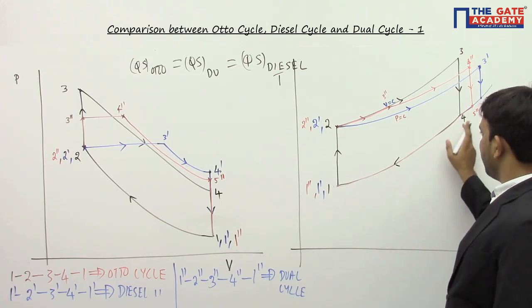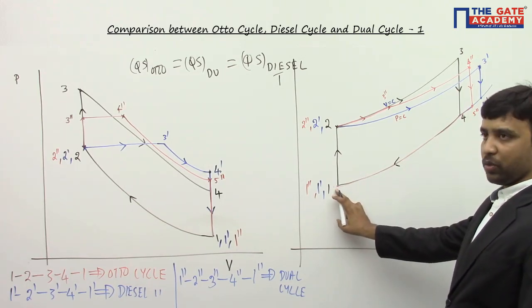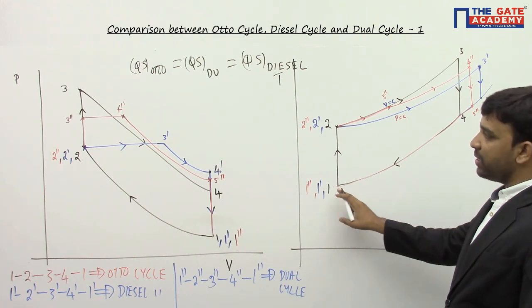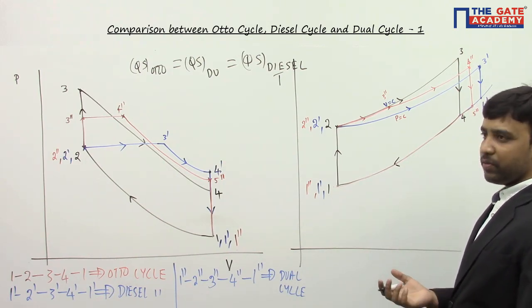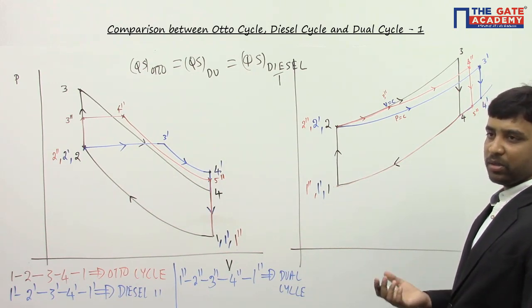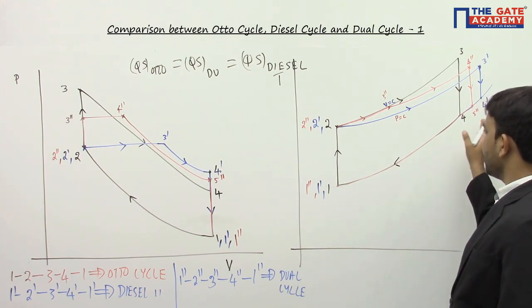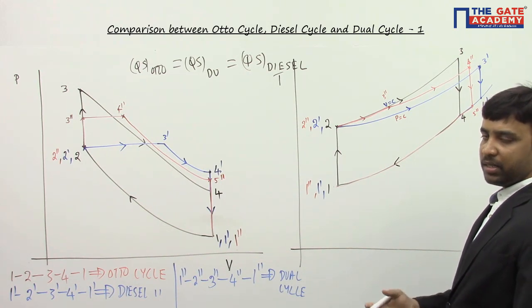If you look at the 4-1 process, this is a right to left process in TS coordinates. The area under the curve in TS coordinates indicates heat transfer. If the process is from left to right, it is heat supplied to the system. If the process is from right to left, it is heat rejected from the system.